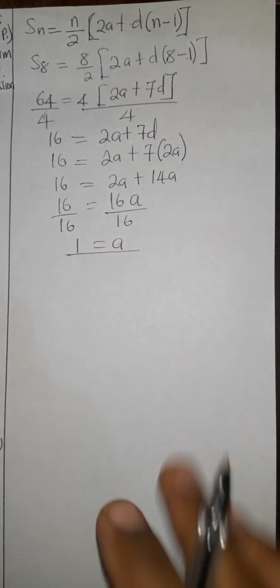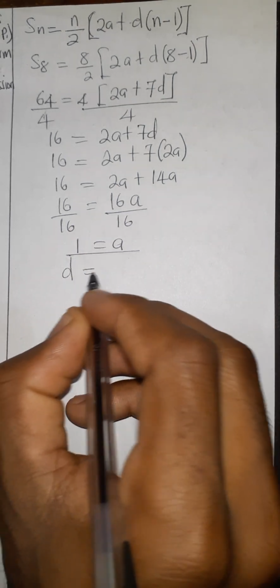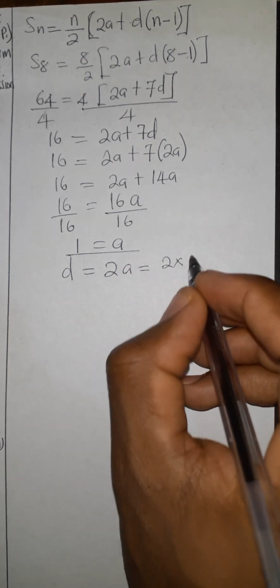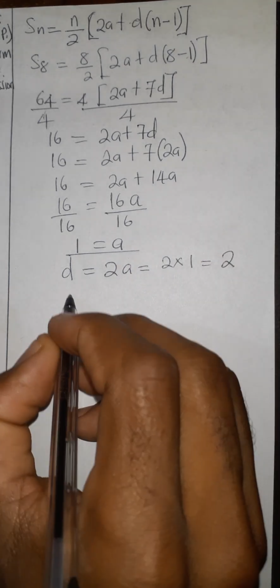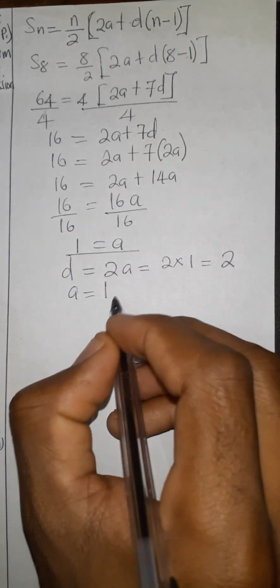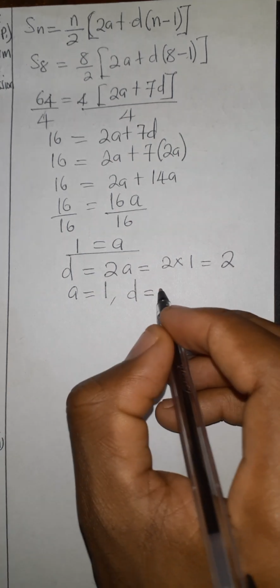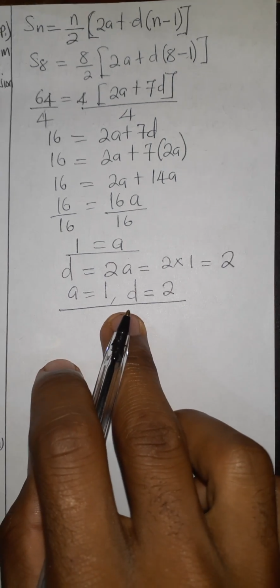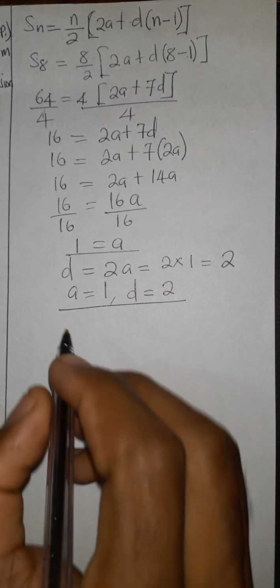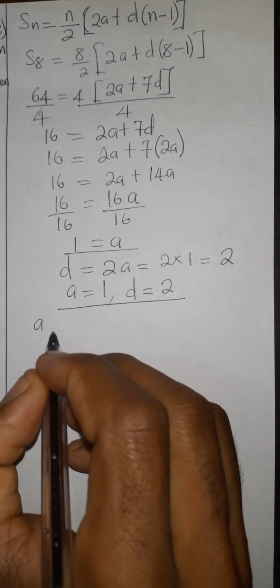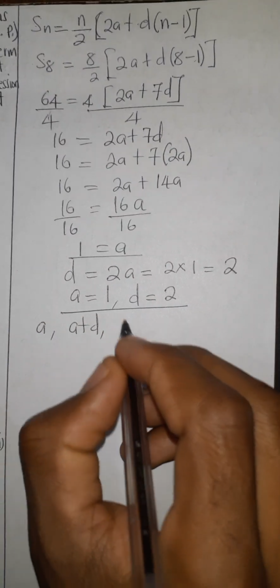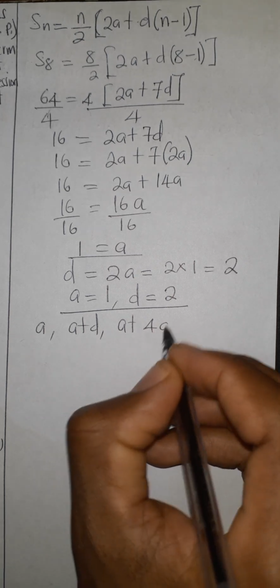Then let's find d. d we have said is just 2a. So this is just 2 times 1, which is equal to 2. So a is equal to 1 and d is equal to 2. After that, we can generate the sequence that was formed. The sequence is a, a plus d, then a plus 4d.